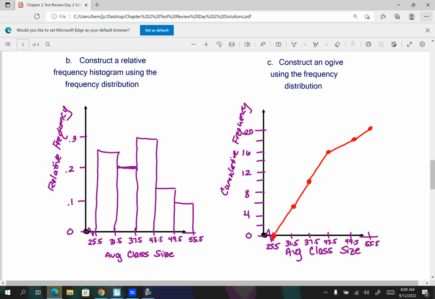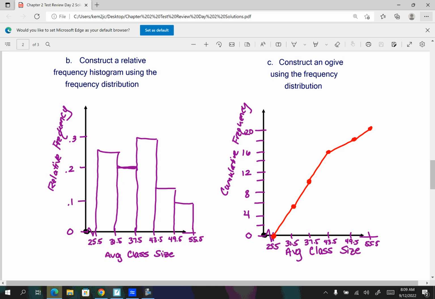At the bottom, average class size is what we're calculating with that data set represented. I got my little break in the graph because it didn't start at 0. And then it didn't say what to use here. I like to use, for mine, the boundaries because that gives me a label on each end of the bar, and it ensures that my bars touch, because where one ends is where the next begins. So that's what I labeled with.